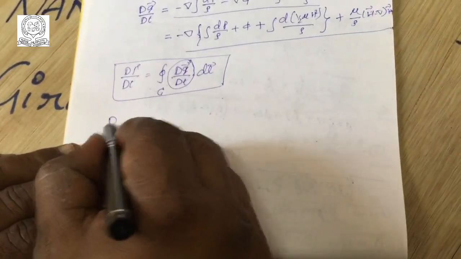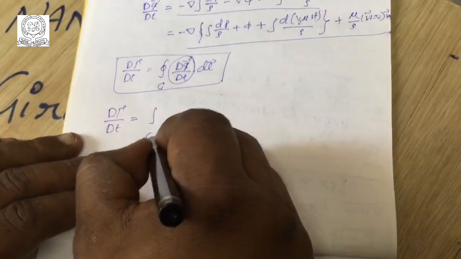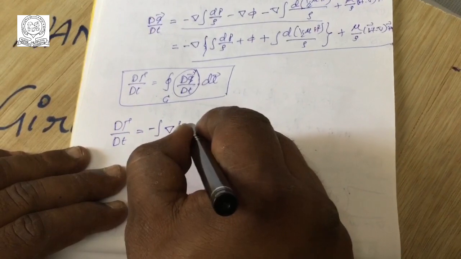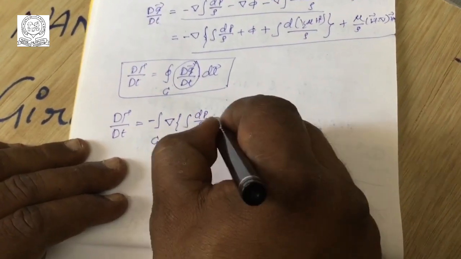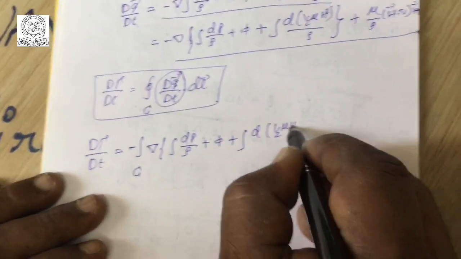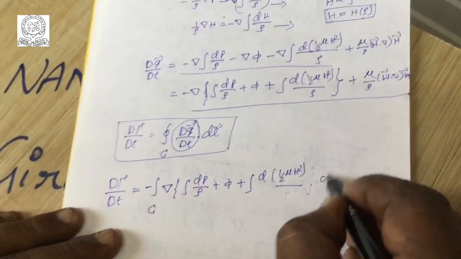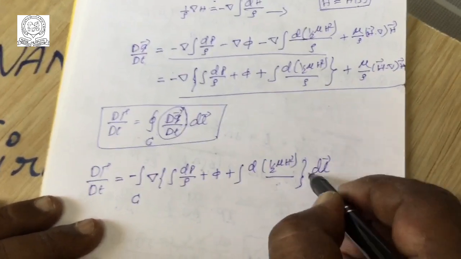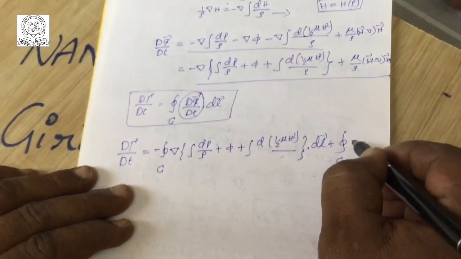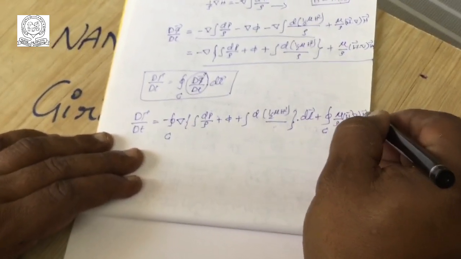you are going to get d gamma by dt is equal to the line integral over C of minus gradient of integral dp by rho plus phi plus integral d of 1 by 2 mu h square divided by rho, dot dl, plus the line integral over a closed contour C of mu by rho into h dot del of h dot dl.